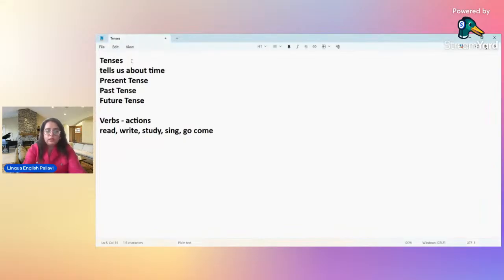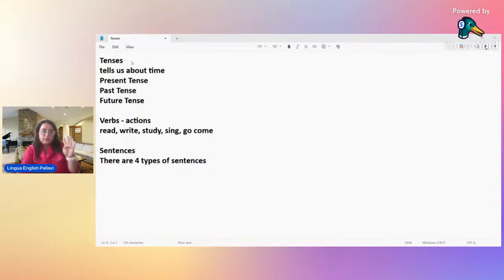Now, moving ahead to learn tenses, we need to first understand how many types of sentences there are. See, there are four types of sentences that each one of us should know if we want to learn tenses in detail.